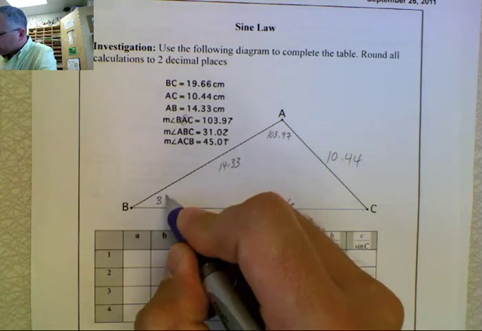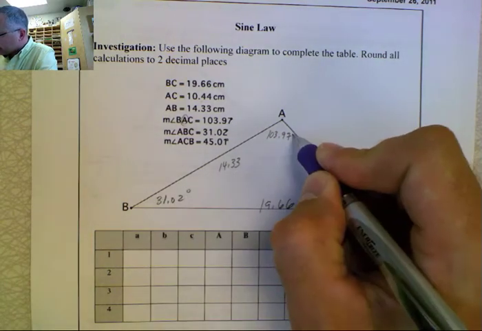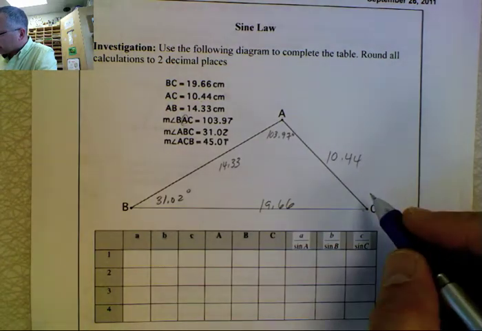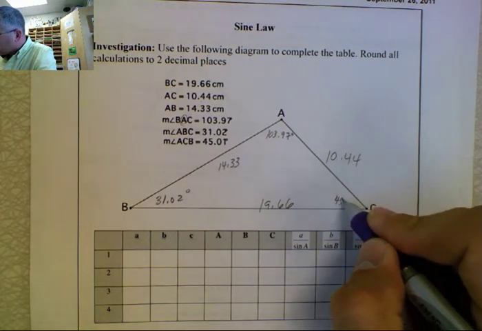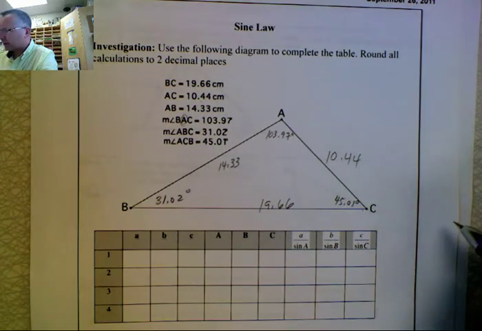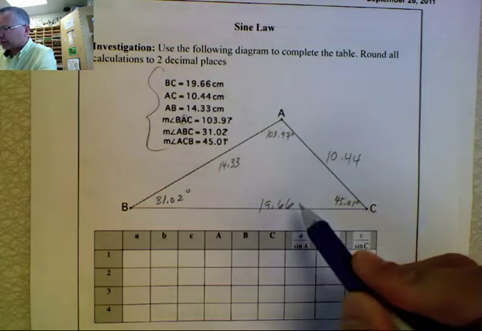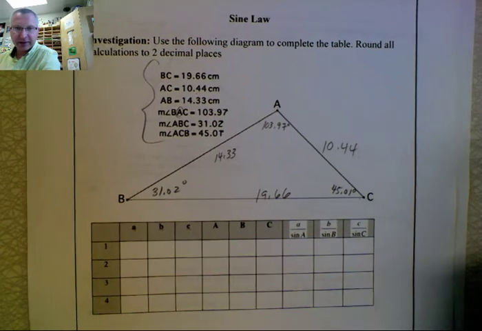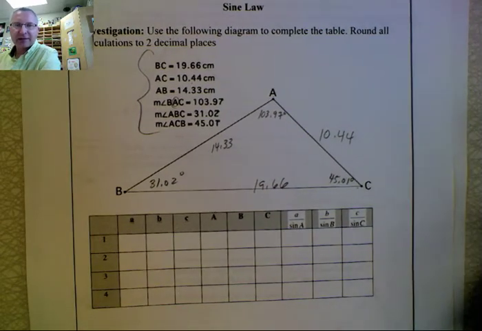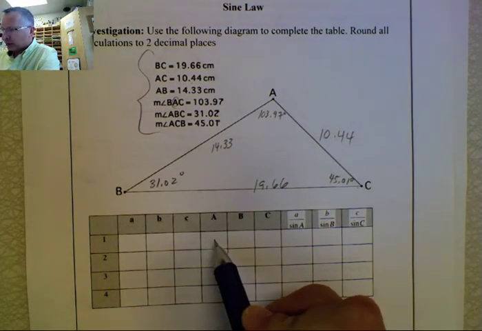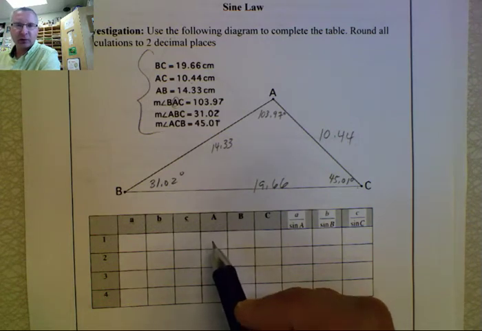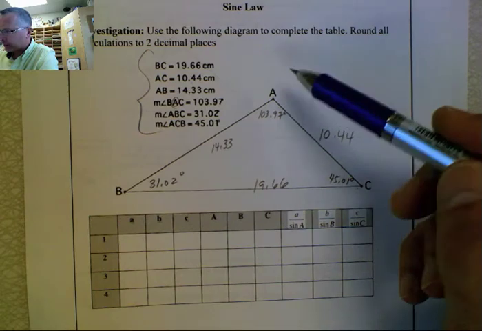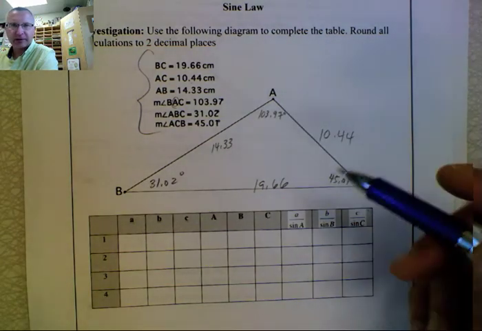ABC is 31.02 degrees, and ACB is 45.01 degrees. So we filled in all this information in our triangle. It's a non-right triangle. There are no right angles in it. Now we're going to translate this information to this particular table. But there's a couple things you need to know before we do that. First of all, angles are always labeled with capital letters.